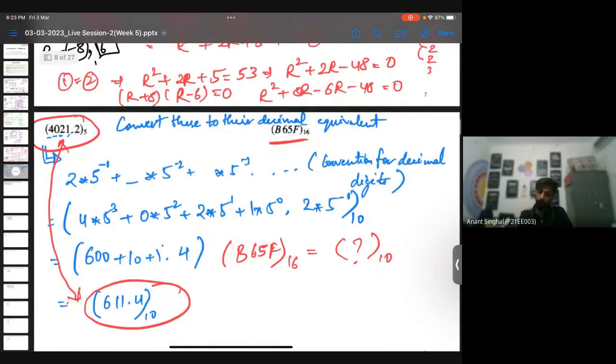Then I tried to make you familiar with how to convert some basic numbers from any base to their decimal equivalent, which is nothing but base 10.